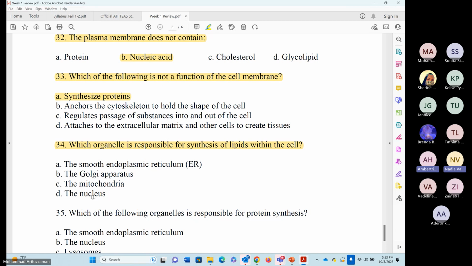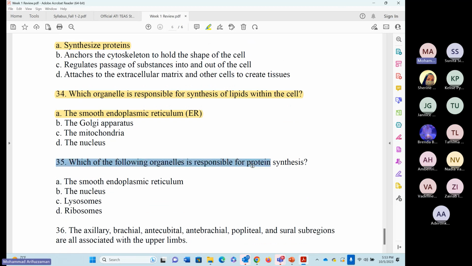The Golgi apparatus does packaging and transport of materials. Mitochondria produce ATP, that is cellular energy. The nucleus contains the DNA and RNA. Good.